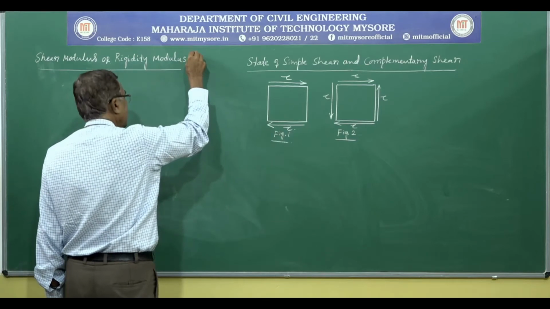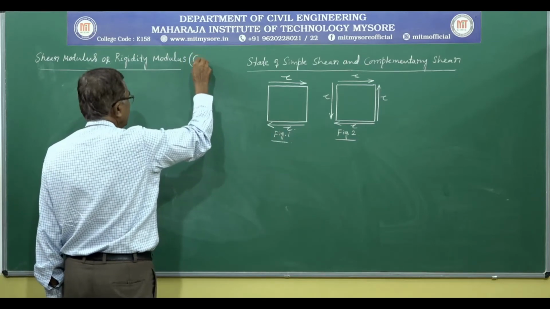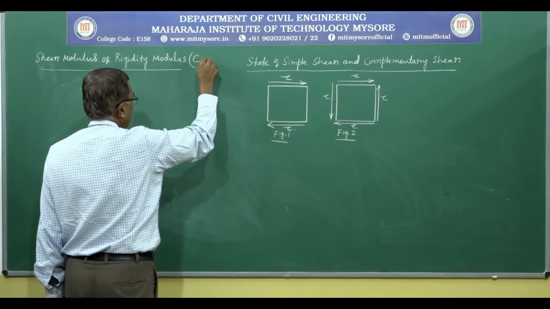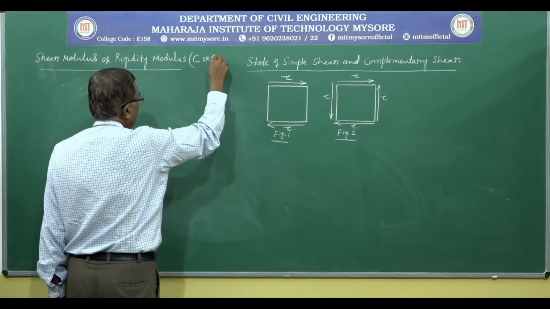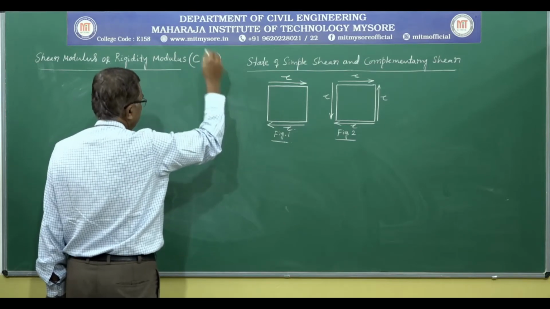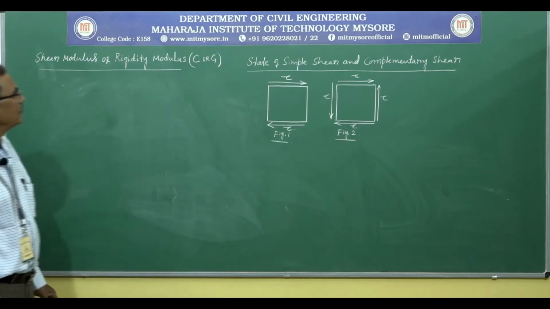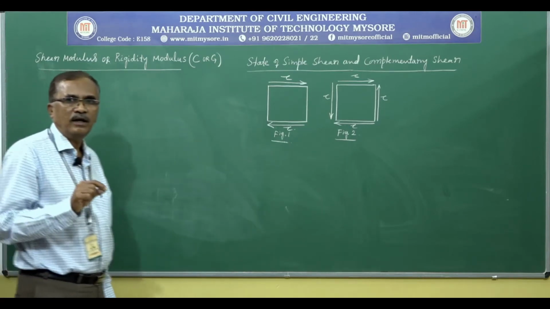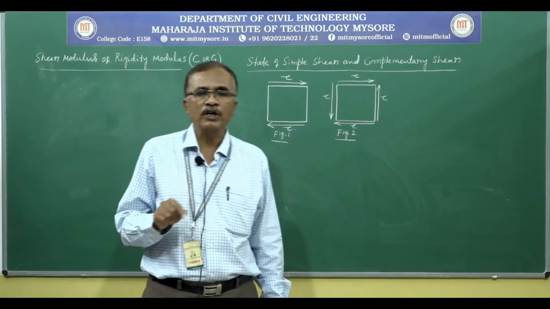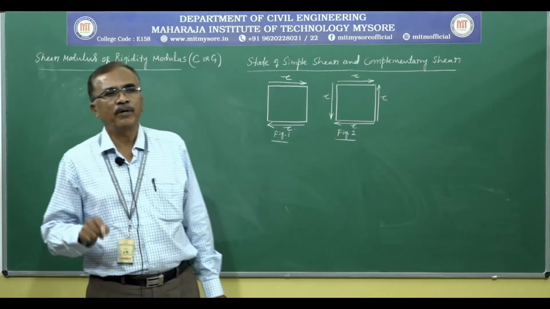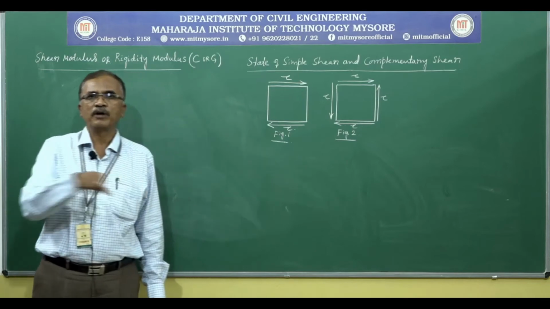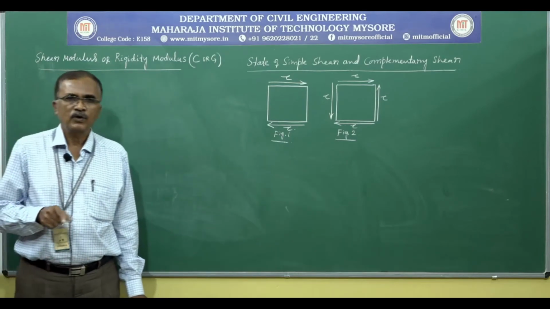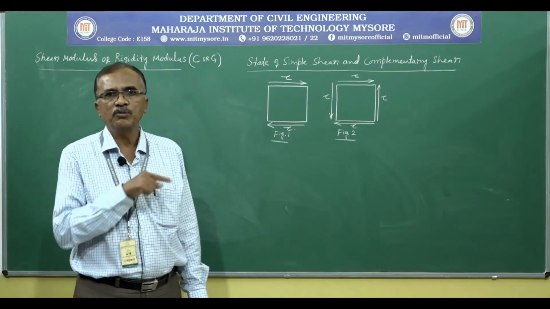And this can be denoted by capital C or capital G, both are one and the same. So, we defined and used Young's modulus. We defined Poisson's ratio and also used Poisson's ratio to derive various relationships and to solve numerical problems.